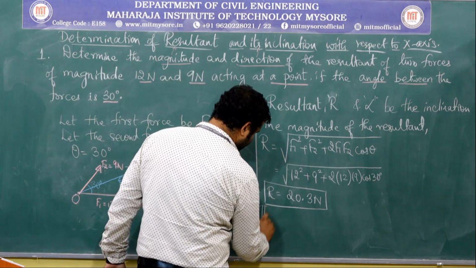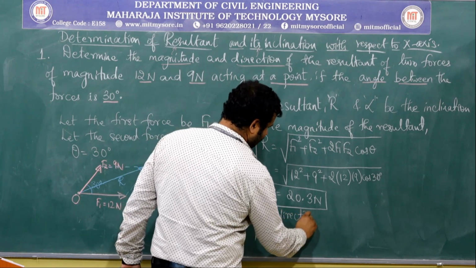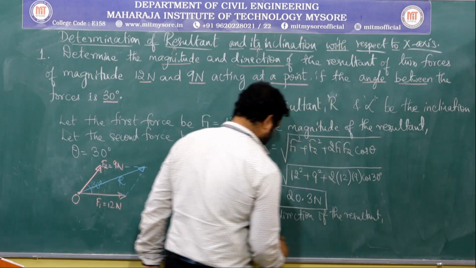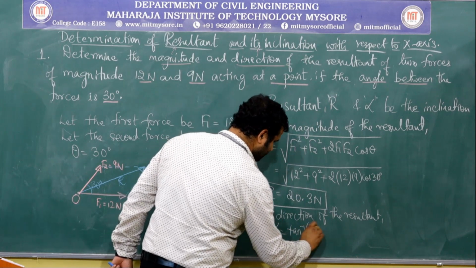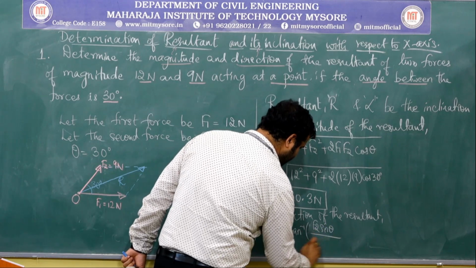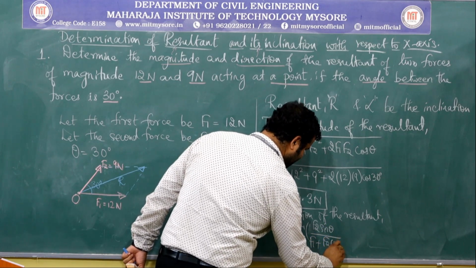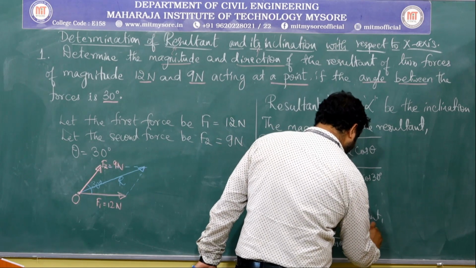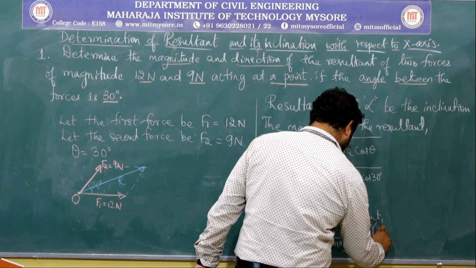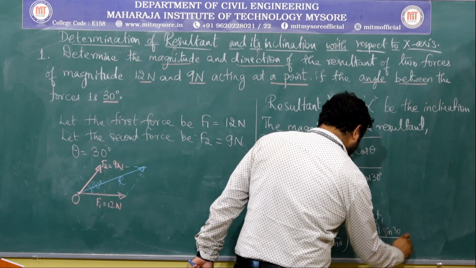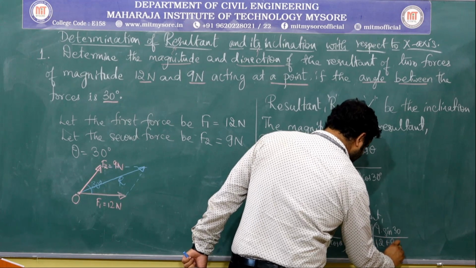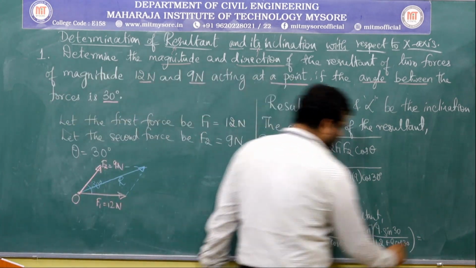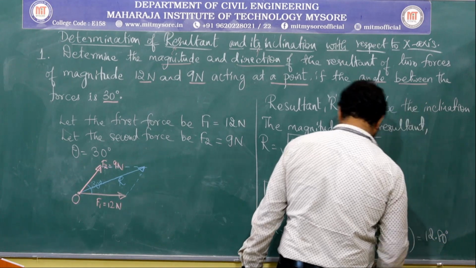So, the direction of the resultant alpha equals to tan inverse of F2 sin theta divided by F1 plus F2 cos theta, that is equal to tan inverse of 9 into sin 30 divided by 12 plus 9 cos 30 is equal to 12.80 degrees.